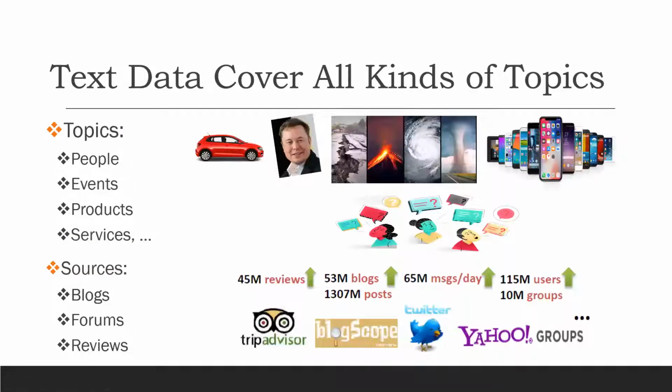I already told you, each and everywhere we have text data sets. Also, the text data cover all kinds of topics. Am I correct? Whenever you look at the newspaper, you can find information related to people.